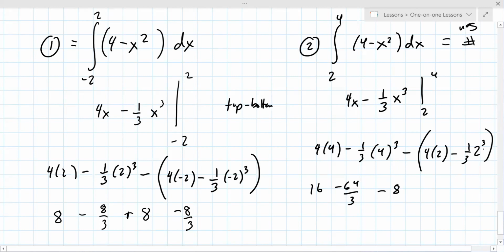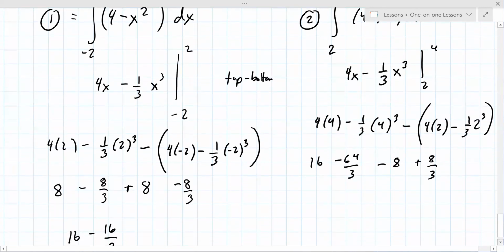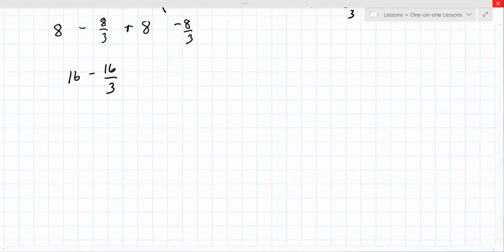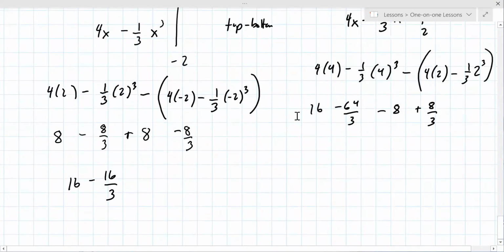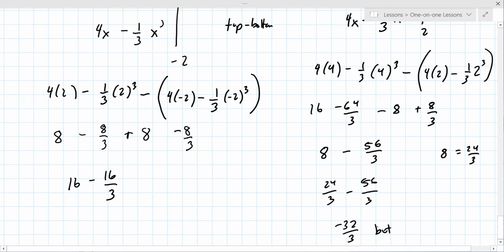This is 8/3, minus 8/3 becomes positive 8/3 here. We actually do need to add all this up. So it becomes 8 minus 56 over 3, and 8 is really 24 over 3. So this is 24 over 3 minus 56 over 3. That's minus 32 over 3. But we said you have to make it positive.